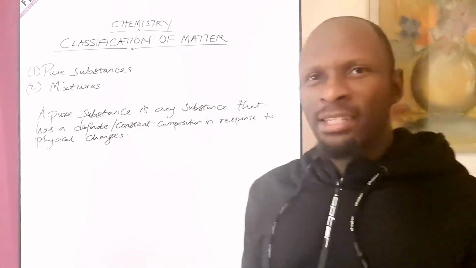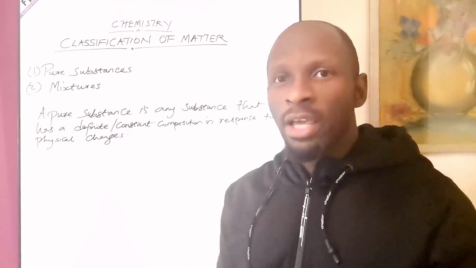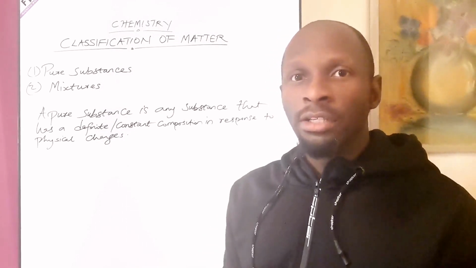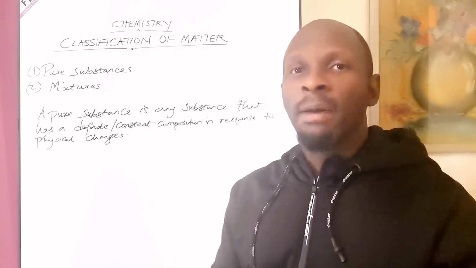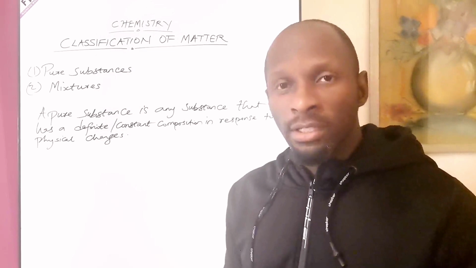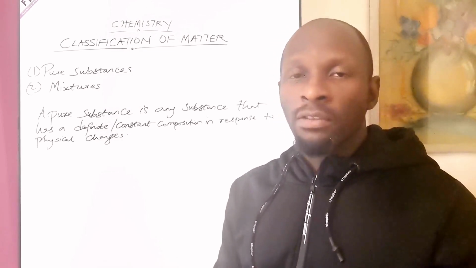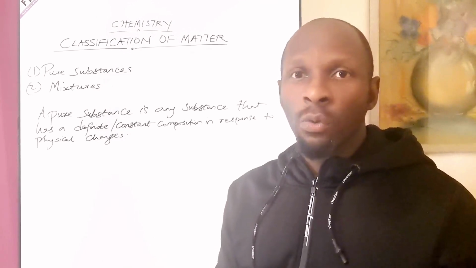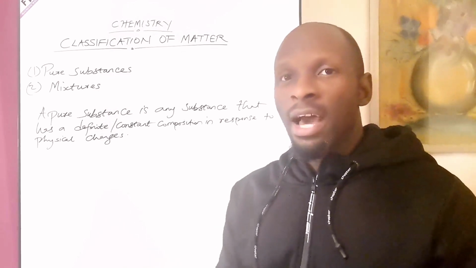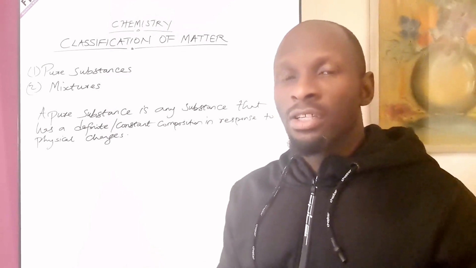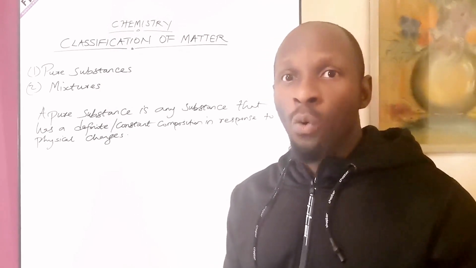To give you an example, let's take a look at gold. We know that gold tends to come in what? Solid form. But we know that gold can be subject to what? Melting, which is one of the examples of the physical changes we gave last time. In the last lesson, we said that an example of a physical change is what? The melting of ice or candle wax.